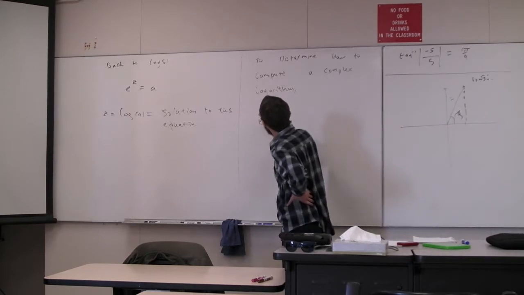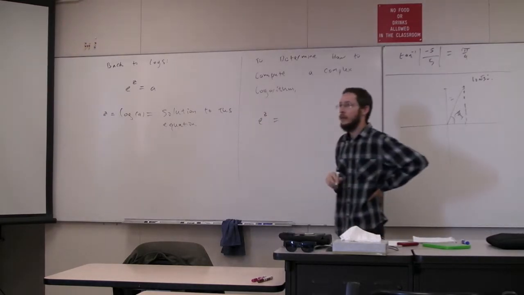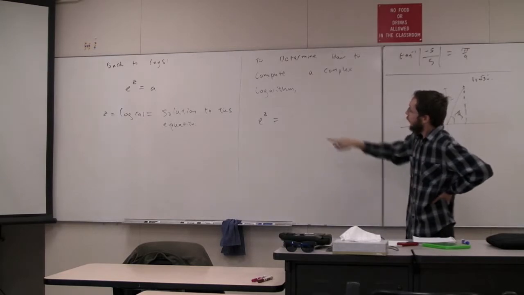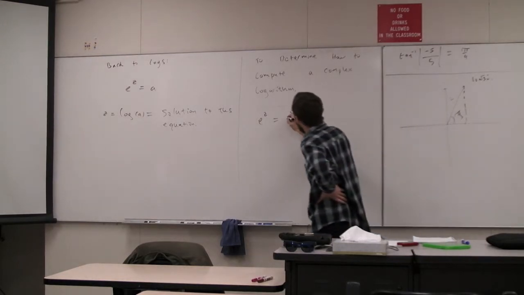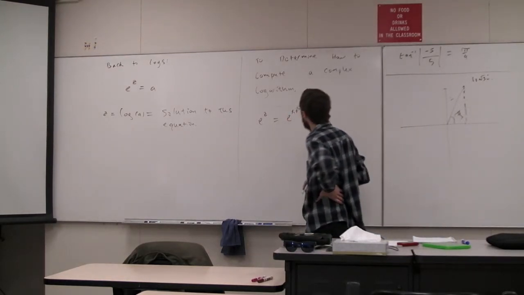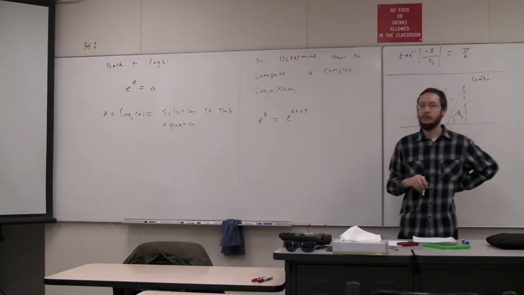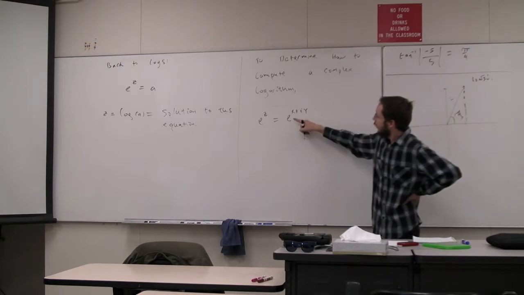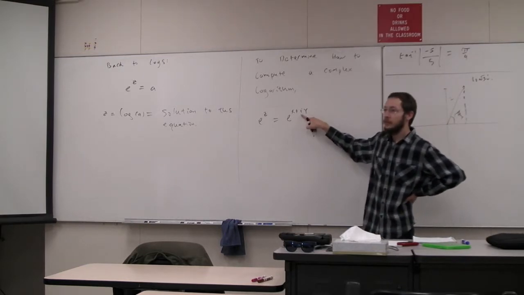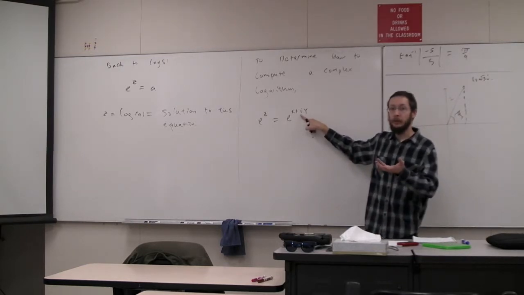We're going to write e to the z as e to the x plus iy. Okay, so we've written z in its rectangular form. And when we compute this exponential, we're going to get some complex number, right?